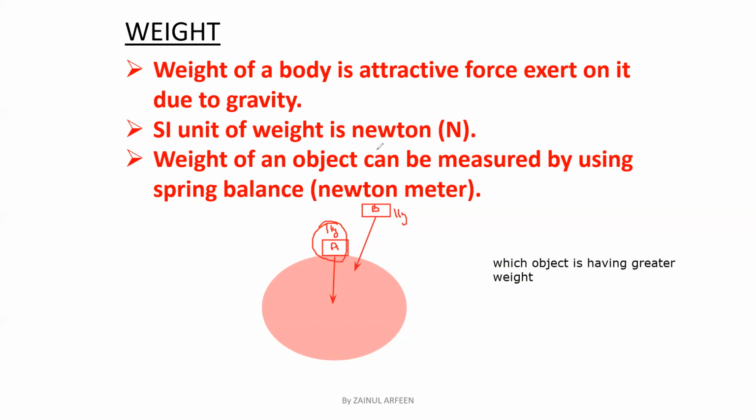Because the value of the gravity decreases. On the surface, the value of the gravity is 10 Newton per kilogram. But when we move away from the surface, the gravity is weaker. So gravity of the planet on the surface is maximum, and as we move away from the surface, the gravity is weaker.